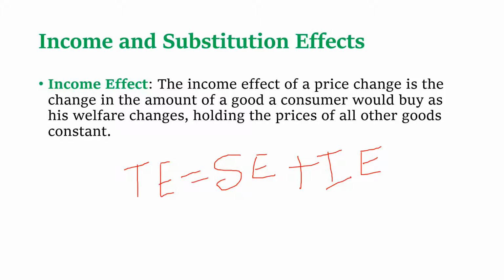Now, if the negative substitution effect outweighs the positive income effect, then an increase in price will lead to a fall in the demand. Okay? Then the resulting total effect for a price change is going to be negative.